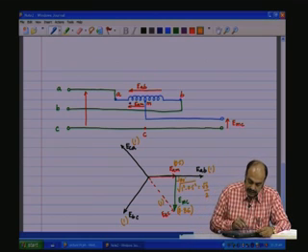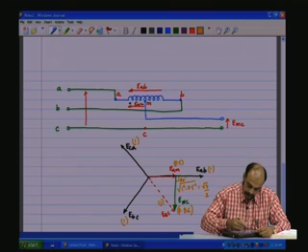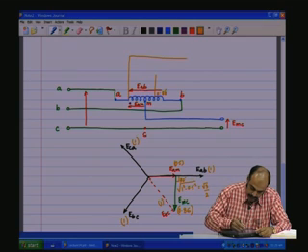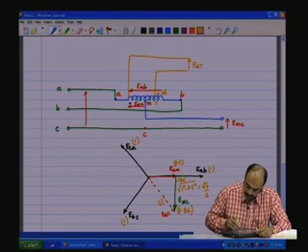So, let us take a tap from here, at 0.86 with respect to the winding here, and let us say this is the tap point, and this EAT.